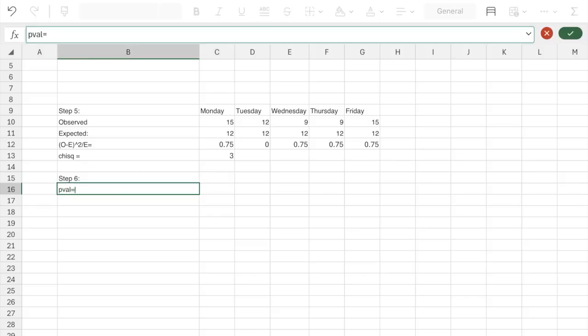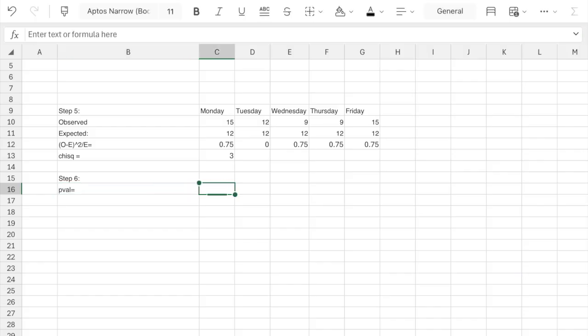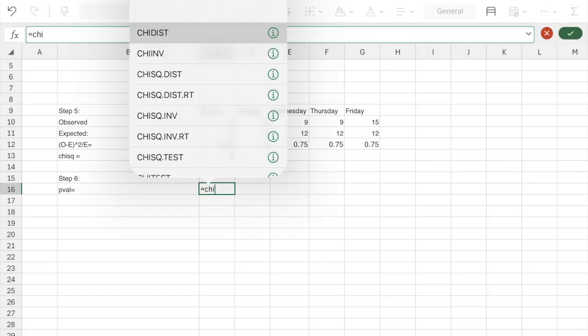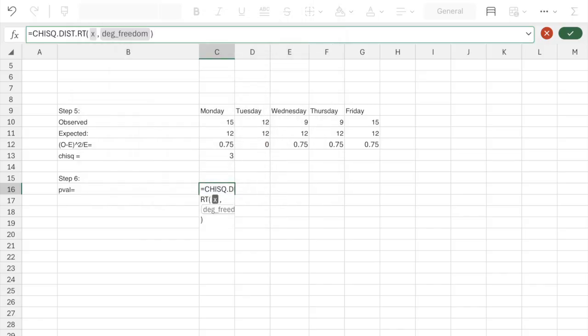P-val is going to be equals chi-squared dot dis dot rt. And so I'm going to put my chi-squared value right there, comma, degrees of freedom, that's k minus 1. That's however many categories there are minus 1. So in this case, that's going to be 4.